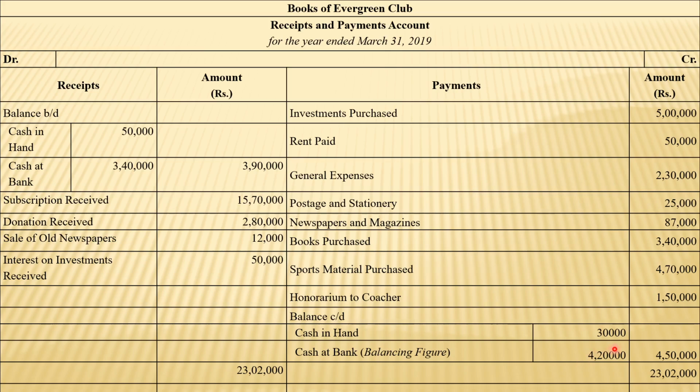So that is the basic object of preparing this account, that is, to find out the closing bank balance. It is not difficult. This is the easiest problem we consider, and we will consider one more problem from this chapter on the receipts and payment account, with a little bit of a new type of term.